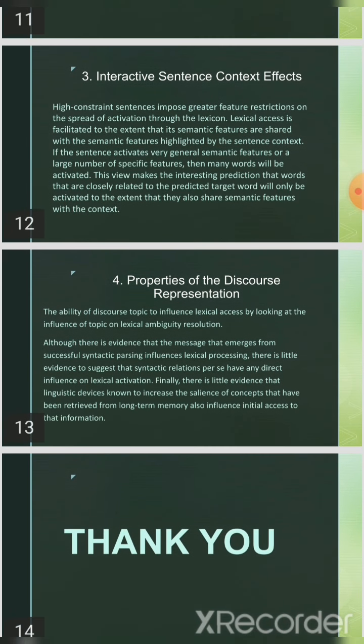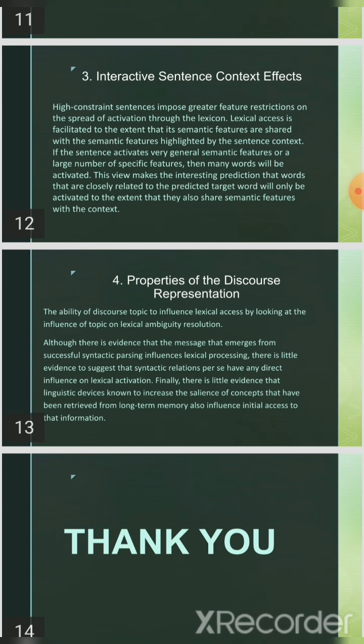The third is interactive sentence context effects. High constraint sentences impose greater feature restriction on the spread of activation through the lexicon. Lexical access is facilitated to the extent that its semantic features are shared with the semantic features highlighted by the sentence context.